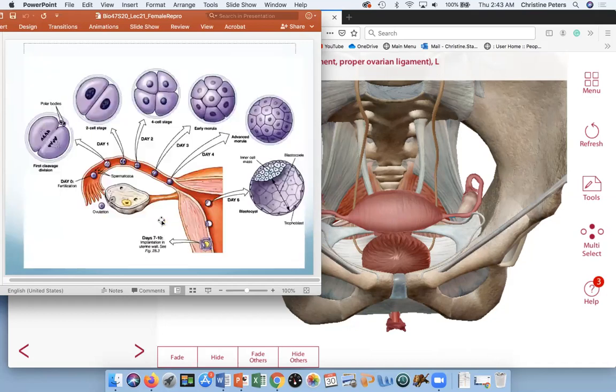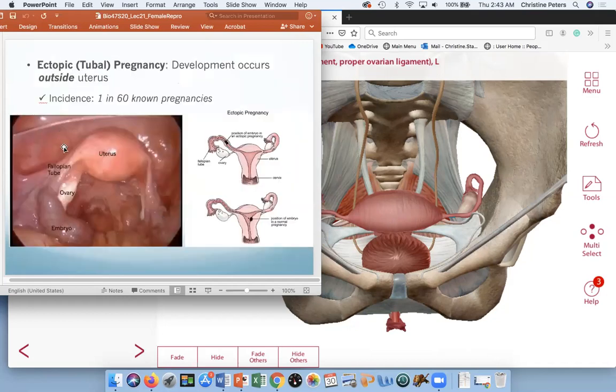All right, so if we don't implant in the uterus, now remember the ovary and the fallopian tube are not technically connected, so you can have an abdominal pregnancy, but it's very unlikely because the serous membranes that line the cavity don't really house enough nutrients to support a developing embryo.